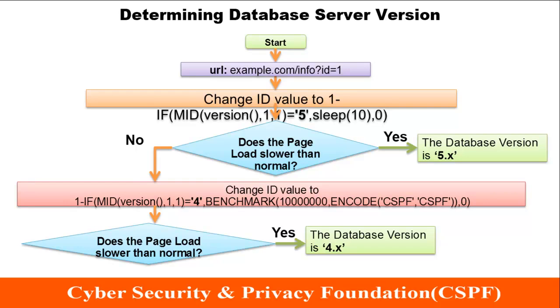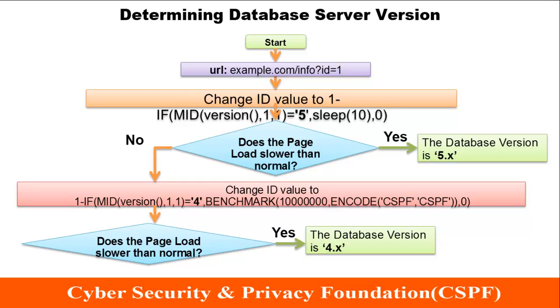We start with the URL example.com/info, wherein the ID value is 1. Change the ID value to 1 and if(mid(version(),1,1)=5, sleep(10), 0). If the page loads slower than normal, yes, the database version is 5.x.